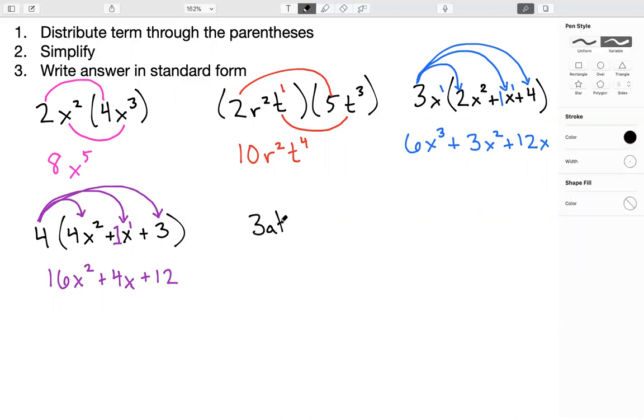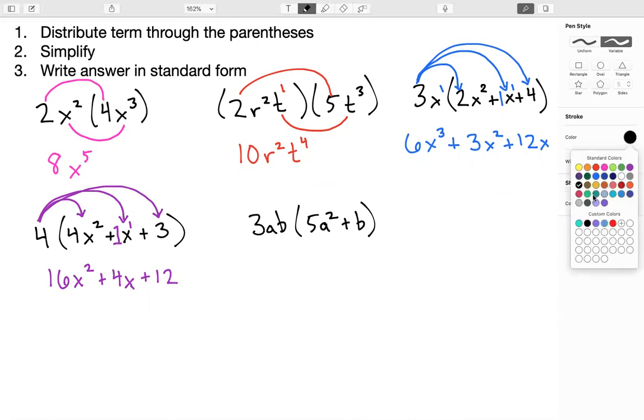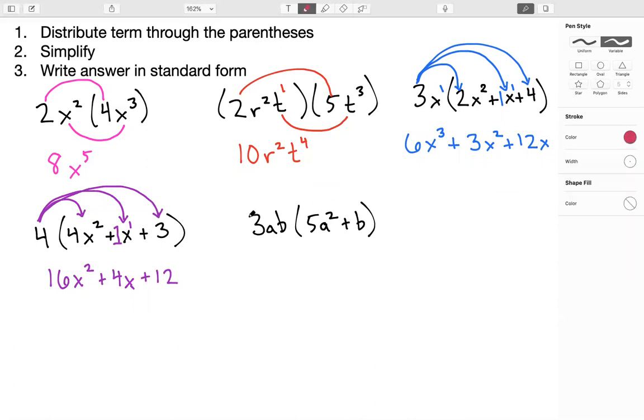3ab, that means 3 times a times b, times the quantity 5a squared plus b. This is going to be interesting. 3 times 5, I don't want to get ahead of myself.